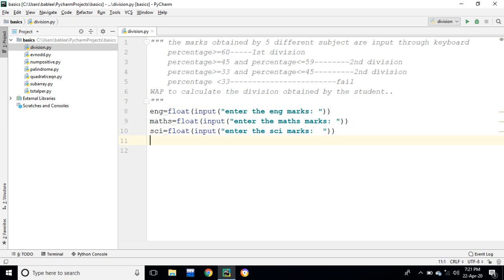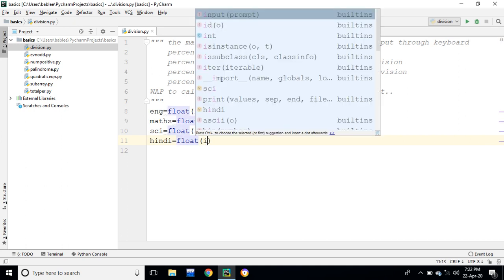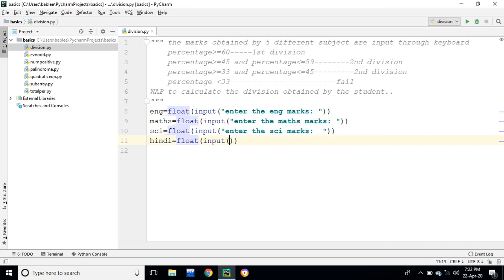And thereafter we have Hindi is equals to float input, enter the Hindi marks.